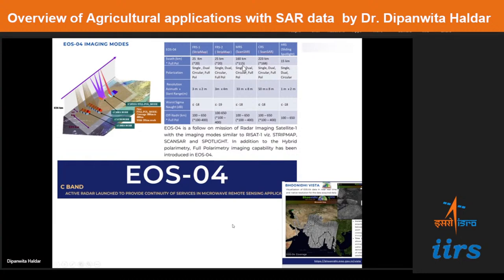And another important contribution of this RISAT-1 satellite is that the circular or the compact polarimetric mode was first developed in this satellite in 2012, and in the follow-on mission, in the current mission also, it has the compact mode as well as the fully polarimetric mode, where you have all the four polarizations combination like HH, HV, VV, VH, and the phase is preserved between them. So you have all this information for your analysis and applications.